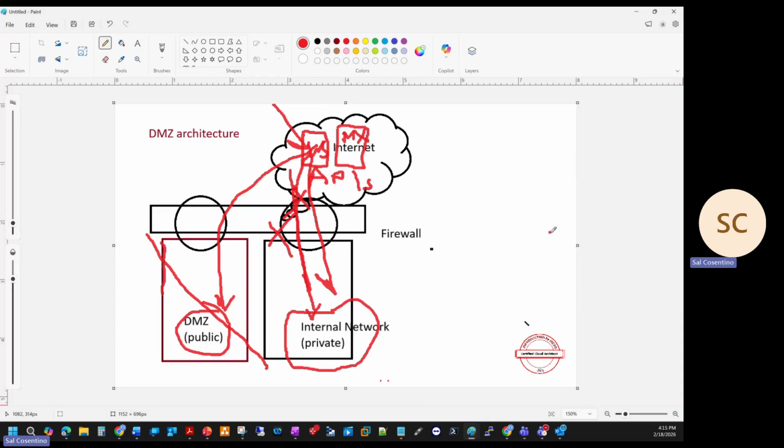That's the perspective when it comes to the DMZ architecture, right? It limits the exposure, so even if it's compromised, that internal network is not being touched.